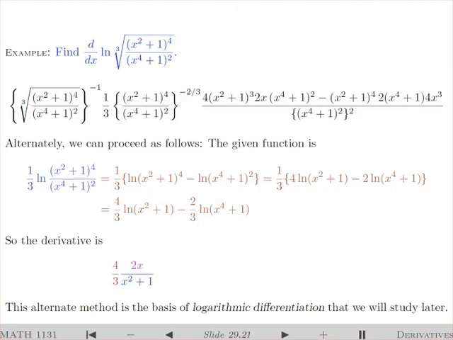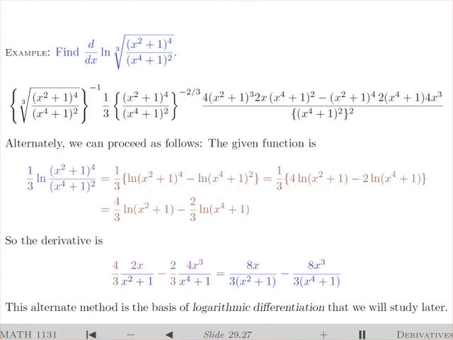The inside is x squared plus 1, its derivative is 2x. Same way in the second term I get 2/3 and then x to the power 4 plus 1 in the denominator, 4x cubed, derivative of x to the power 4 plus 1, in the numerator. Can do a little bit of simplification, so I get 8x over 3 times (x squared plus 1) minus 8x cubed over 3 times (x to the power 4 plus 1).